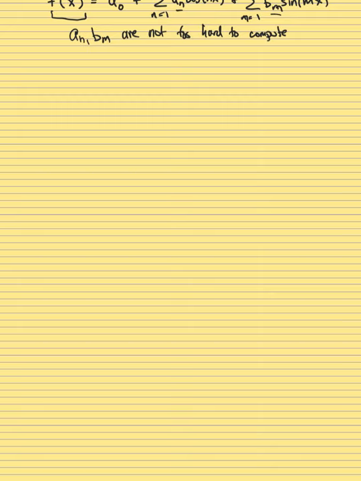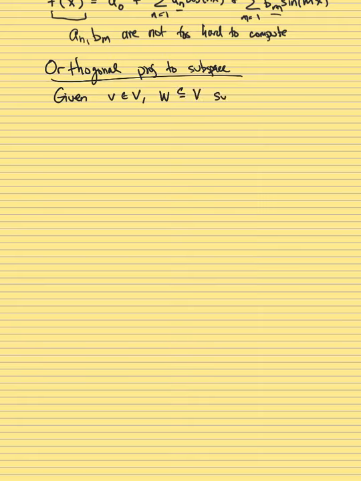Okay, so let me go to the next kind of important thing that you can do using this concept of orthogonality. Okay, so there's orthogonal projection to a subspace. Okay, so what is this? Given, say, v in V, W contained in V a vector subspace, then pi sub W of v, so pi is a map, you can think of it just going from V to V, pi W of v is in W, and they're orthogonal.